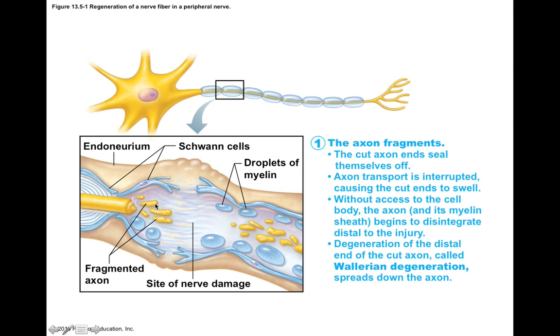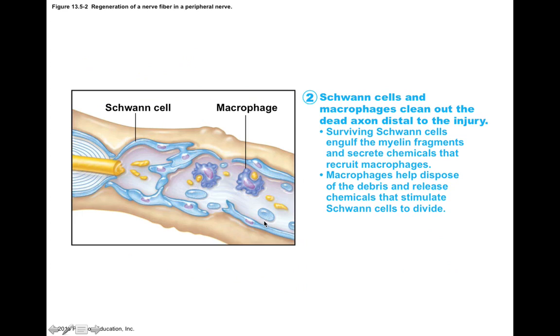Looking at this step by step, if the axon is damaged here, the part of the axon closest to the cell body pinches off, and every part of the axon that's distal from the cell body degenerates. Macrophages come in and start to clean up the dead axon debris, and then Schwann cells divide to form a nice little tube.